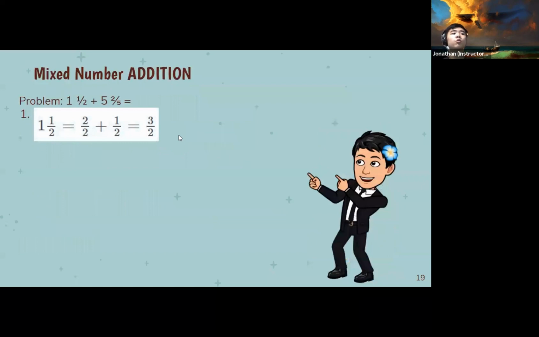So we convert 1 and 1/2 to an improper fraction because mixed numbers can be converted into improper fractions. 1 and 1/2 can be converted to 3 over 2 because 1 is equal to 2 over 2. 5 and 2/5 is equal to 25 over 5, which is 5, plus 2/5 is 27 over 5. The least common multiple of 2 and 5 is 10, so we have to make the bottoms 10.